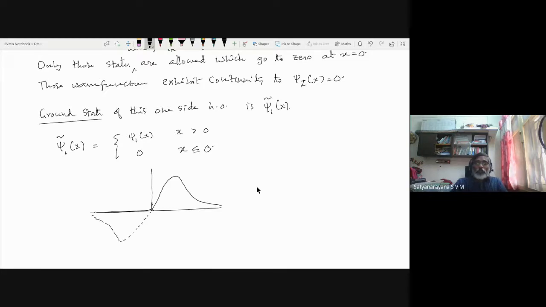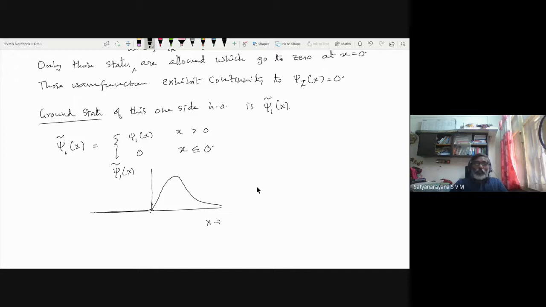Now this part will become 0. So whatever solid line that I have drawn is actually the ground state wave function of the new potential. So similarly, this is your ground state. What I plotted is psi 1 tilde of x.